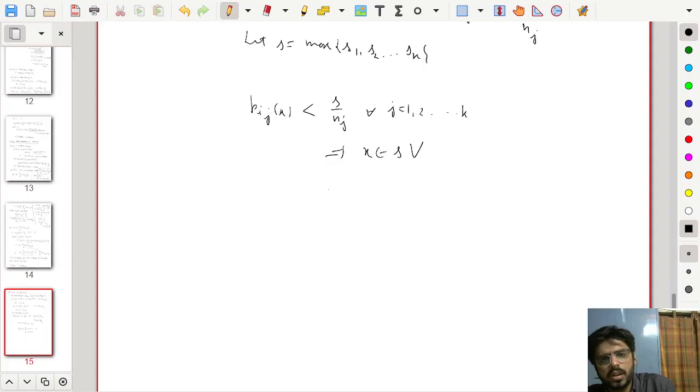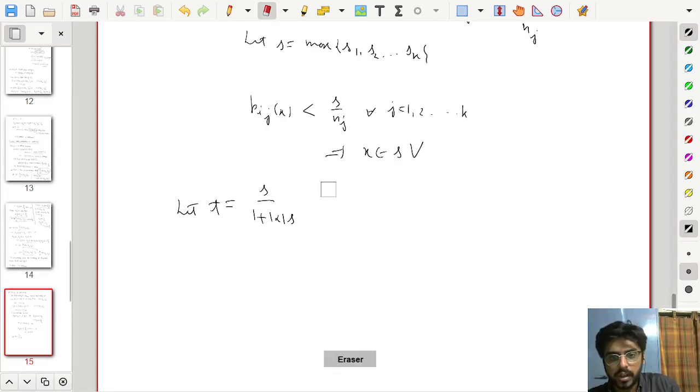Okay, now let t be equal to s by 1 plus mod alpha times s, right? Let t be equal to s by 1 plus mod alpha times s, and this t is positive, right?